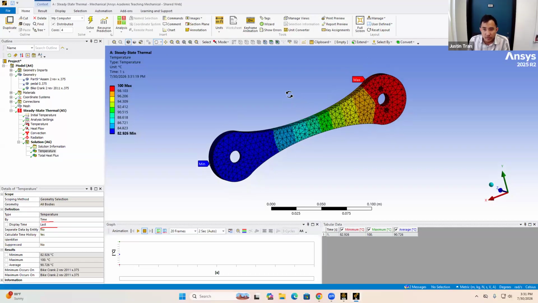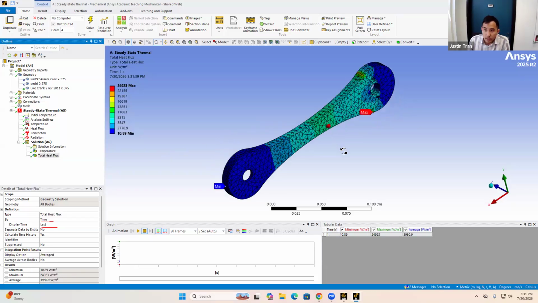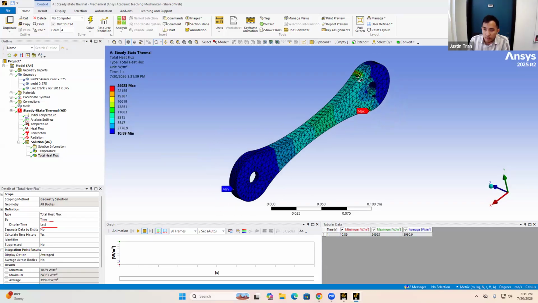You can see now we actually have a temperature distribution, right? Temperature is maxing out at 100 degrees Celsius here where we applied the temperature boundary condition. And now we actually have a gradient. Temperature now drops from 100 on one side to about 83 degrees Celsius on the other side, okay? And we can see where most of the heat is being lost as well. You can see that there's more heat loss around this region, kind of where the temperature boundary condition is, okay?